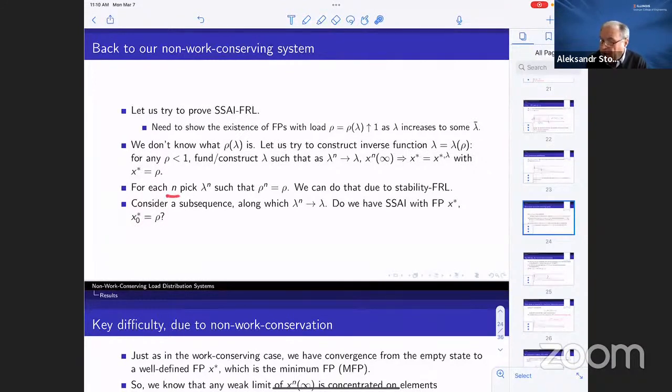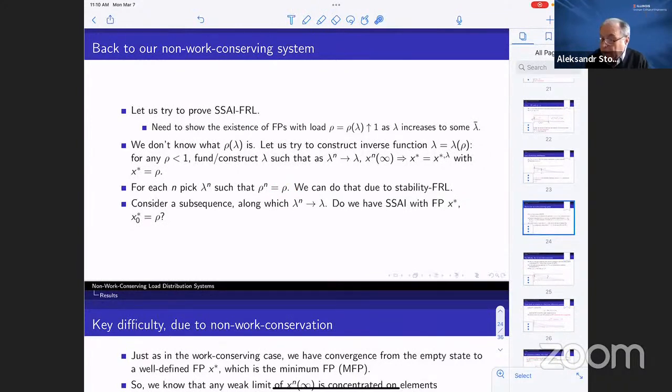For each n, we will pick lambda_n such that the actual system load is exactly rho. We can do that by stability for the full range of load. Remember, that was a stability result. For any rho, we can choose lambda so that the system load will be exactly rho.